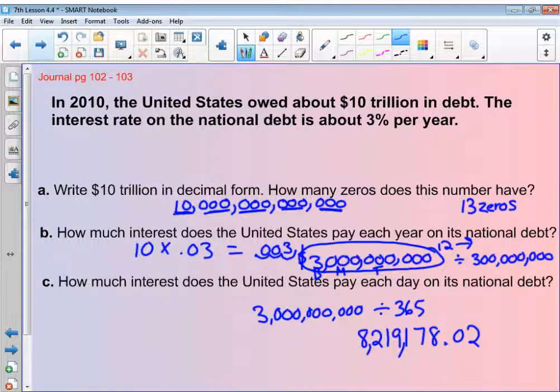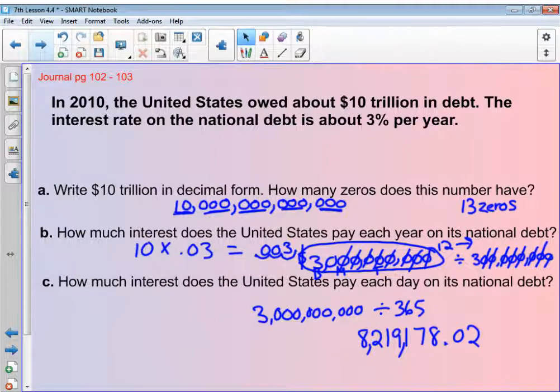If you divide those two out, what do they have in common? They have 8 zeros in common. 1, 2, 3, 4, 5, 6, 7, 8. That's going to leave us with 30 divided by 3, which gives us 10. So every person pays $10 per year for that national debt.